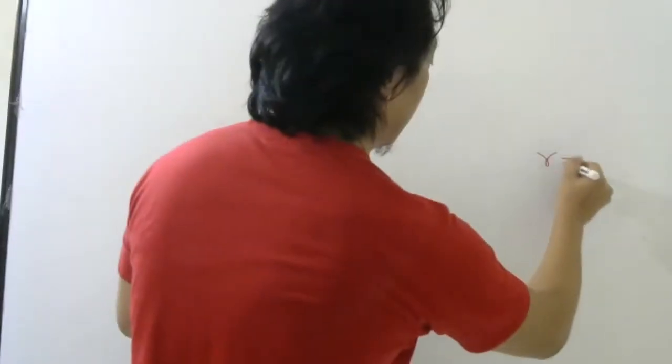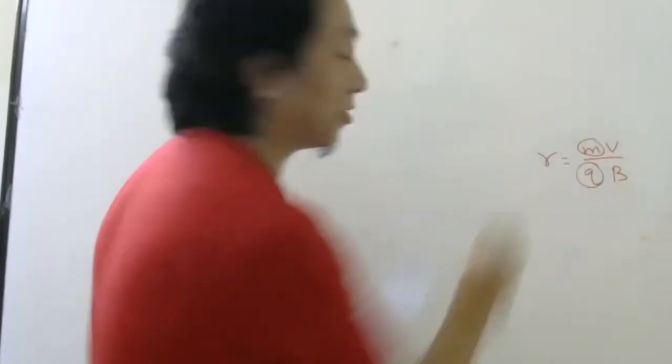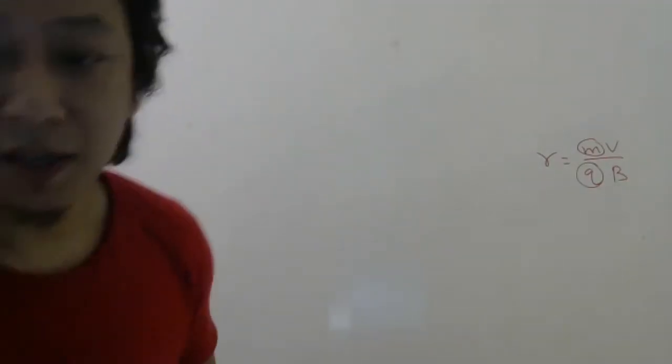So if you move, let's say, proton, alpha particle, deuteron, tritium, all of them in the same magnetic field, they will not move in the same circle, because the radius is mv by qB. So radius depends on the mass and charge also, not only on the speed and the magnetic field. Okay, students, mv by qB.